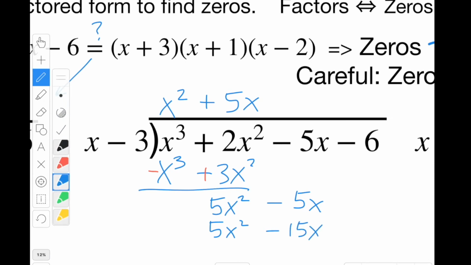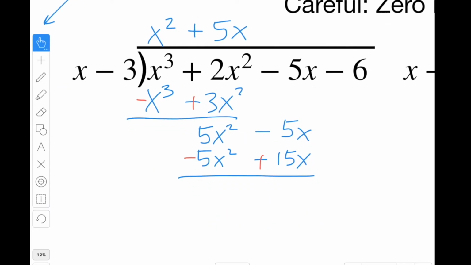I'm going to change the signs so you get negative and plus. And then when we add the two together, we get nothing here. The first terms cancel out, and then negative 5 plus positive 15 is positive 10x. Bringing down the minus 6, we get 10x minus 6.